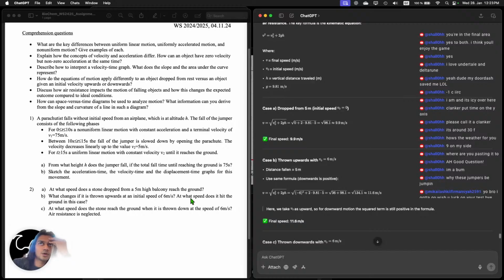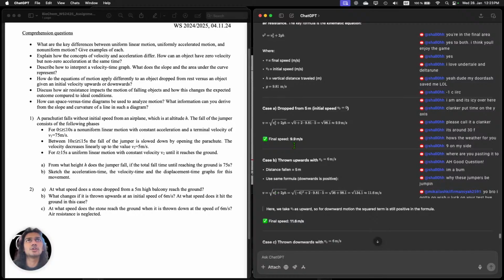So u0 equals 6 meter per second. Use the same formula, downwards is positive. Where did you get this from?